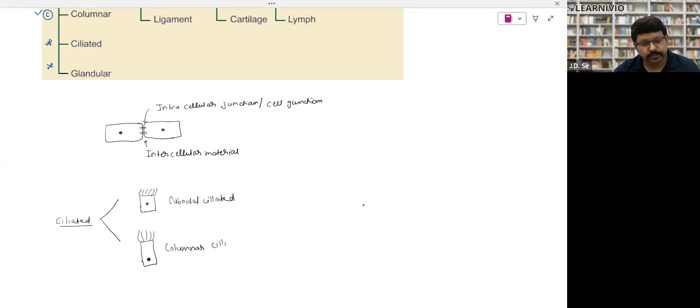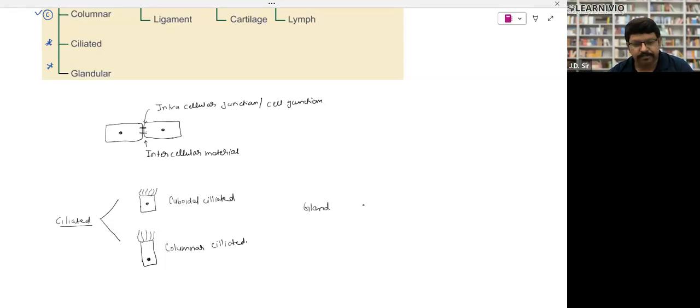This is columnar ciliated. This is cuboidal ciliated. So basically, ciliated tissues are modifications of cuboidal or columnar. Got it? Yes, sir. Further, please draw this right after I draw it.